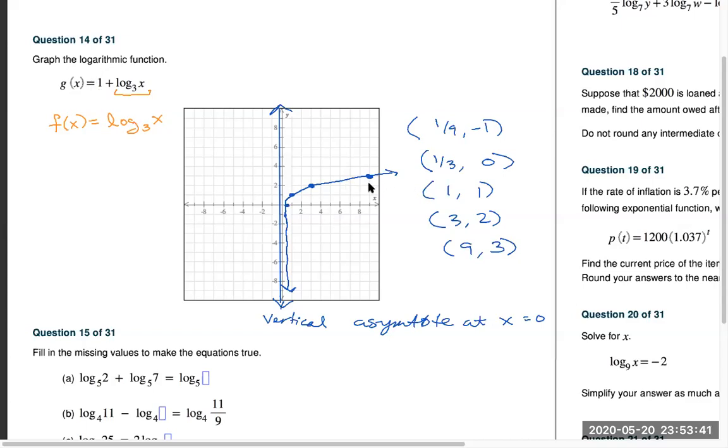So you can just move all these down by 1 unit to figure out what f of x would be. So this is f of x, and this is g of x.